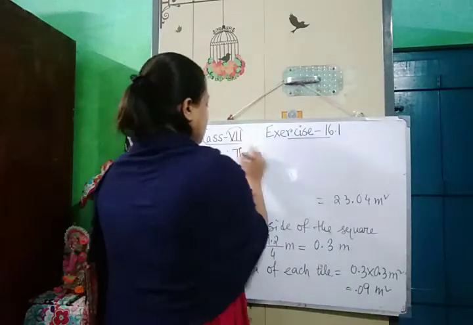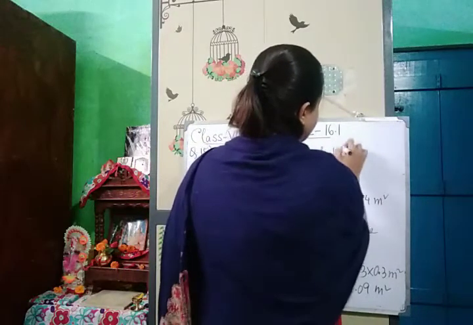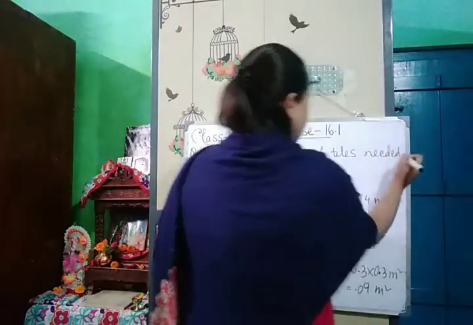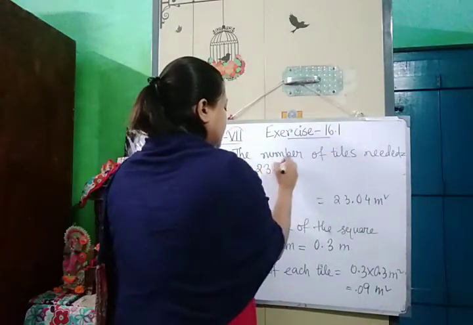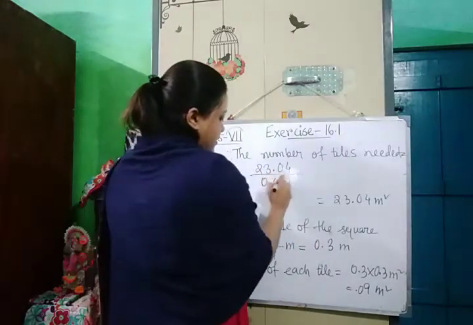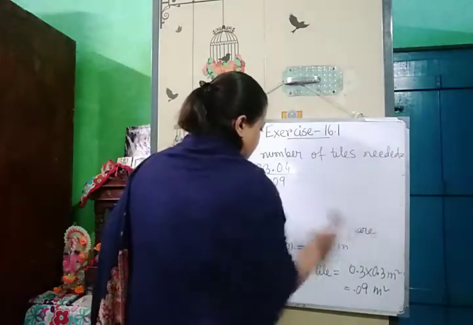Therefore, the number of tiles needed is equals to the area of the room, which is 23.04, divided by each square tile, which is 0.09. Okay, so now we will do the division, cancellation.